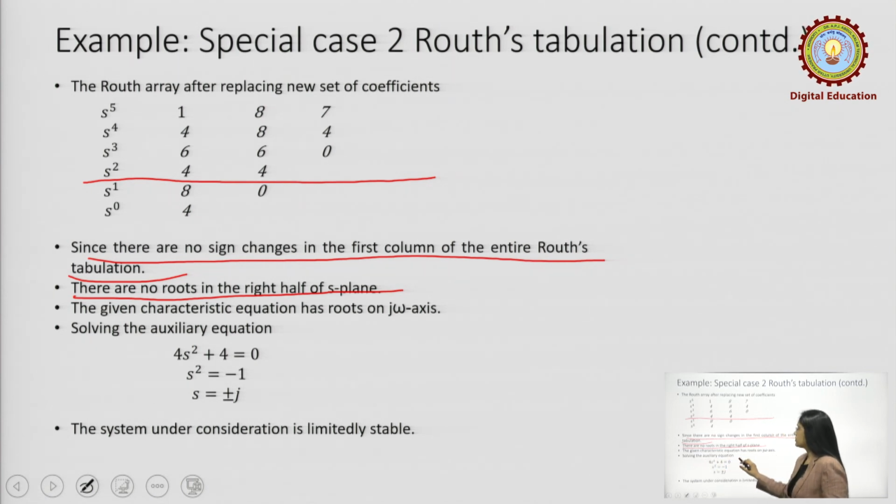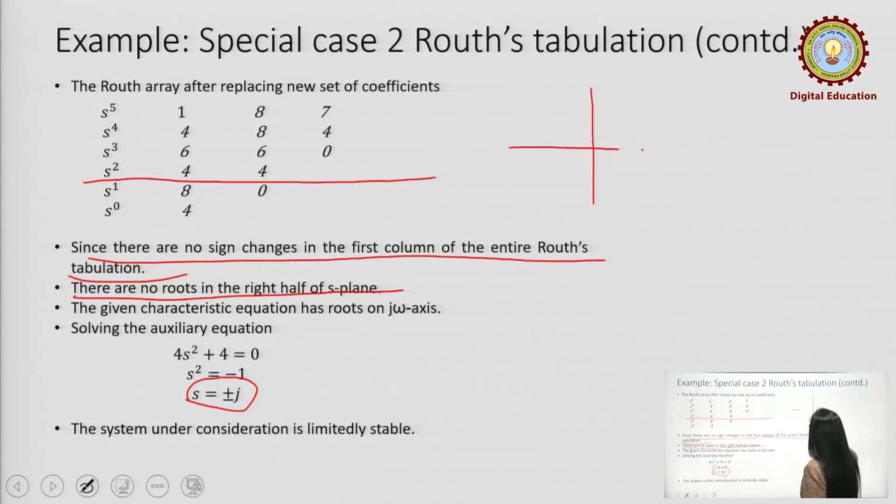We are going to solve this auxiliary equation to know the value of the roots which are lying on the j omega axis. The roots which are lying on the j omega axis are j and minus j.